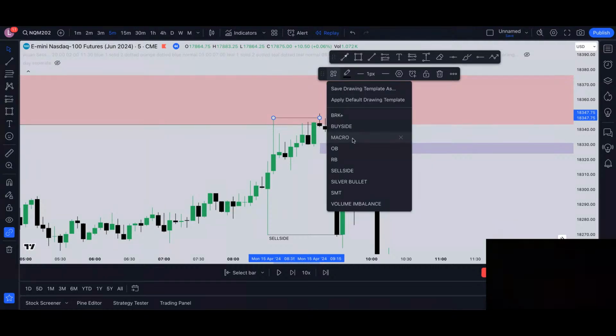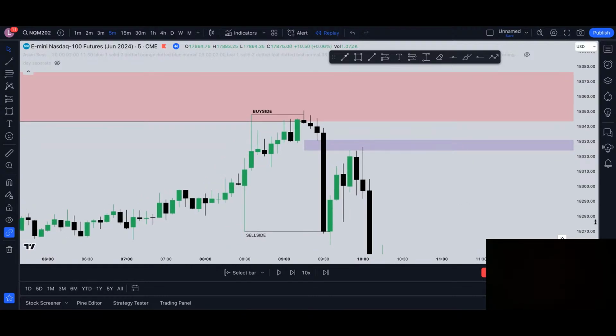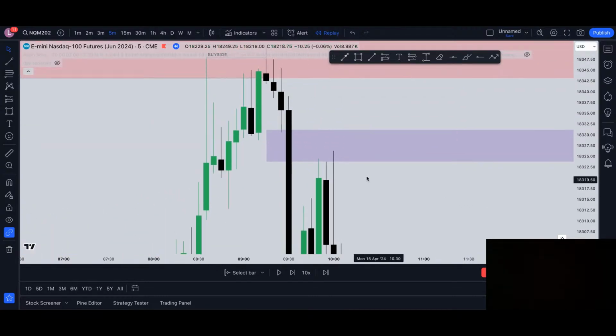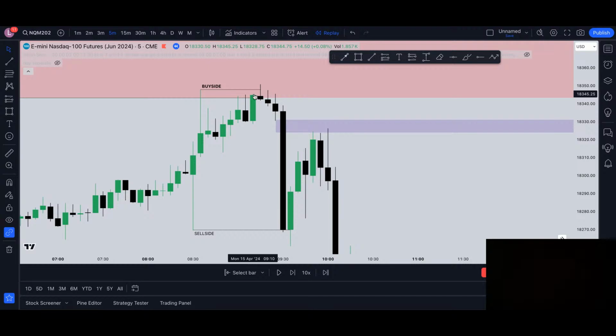He did a 2022 buy side, and this was the 15-minute fair value gap. As we can see, this 5-minute candle: high, low, lower low, higher high, lower low. So this candle was the breaker.